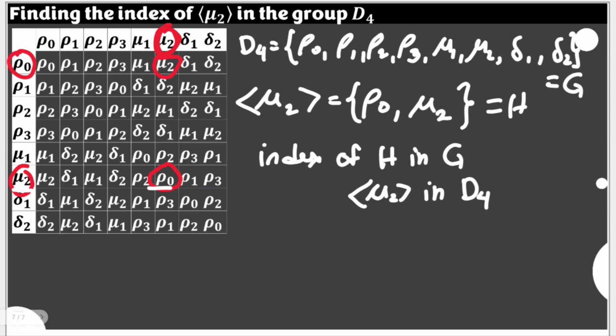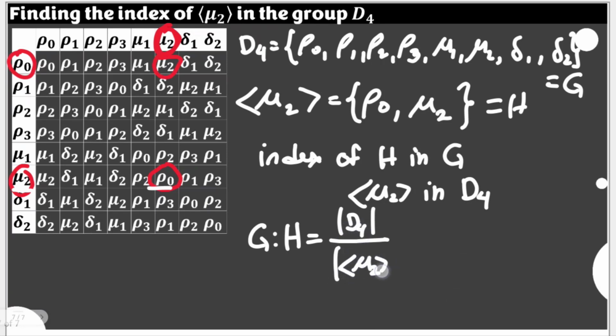This is further represented by this notation. This means the index of H in G. The index of H in G is actually just the ratio of their orders, making our numerator G here, which is D sub 4, and our denominator being the subgroup generated by mu sub 2.